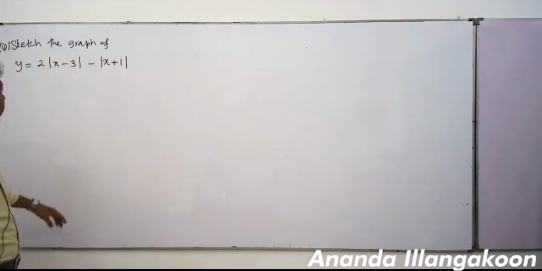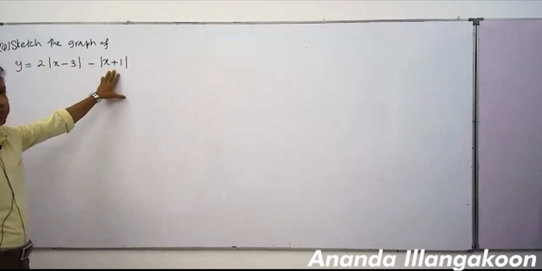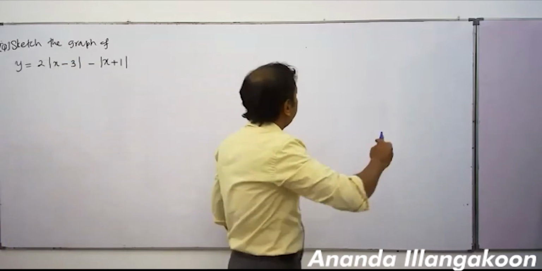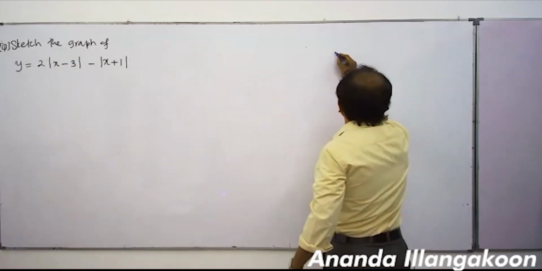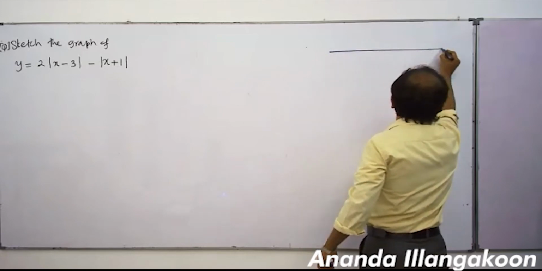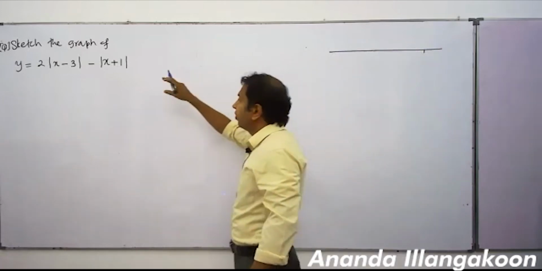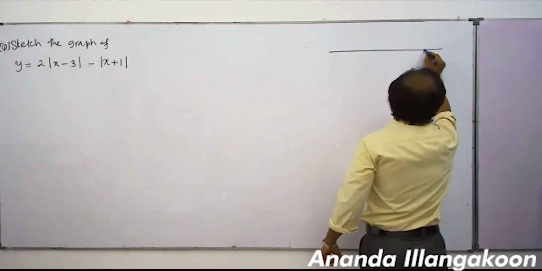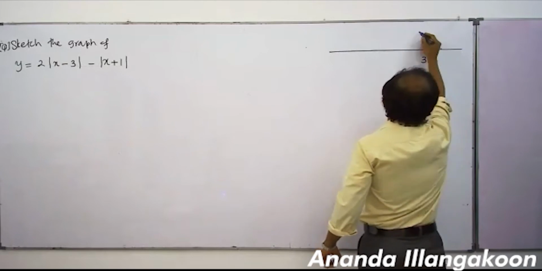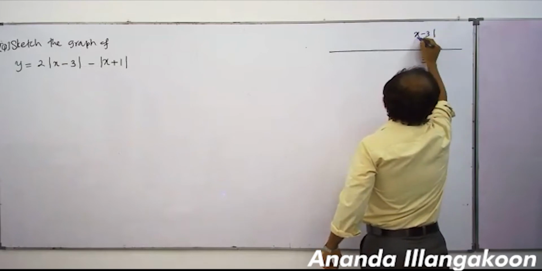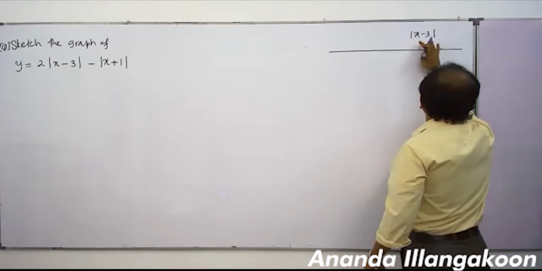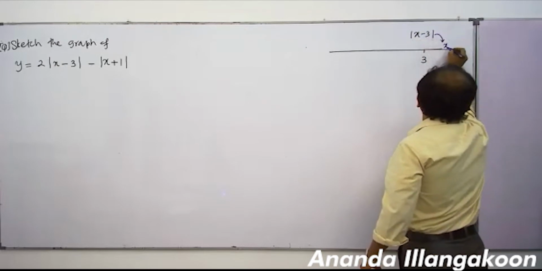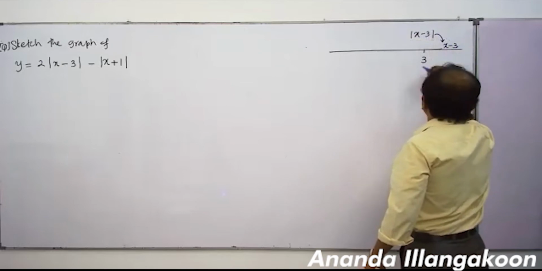First, we define |x - 3| and |x + 1|. This |x - 3| will change at 3. On the right of 3, |x - 3| will be x - 3.